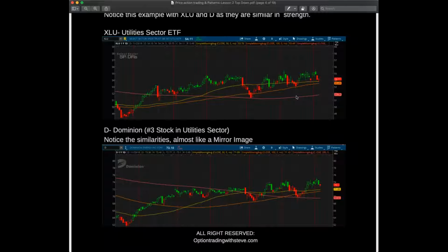Why is that? Because a stronger stock is going to do better than its overall sector in a bull market, and a weaker stock is going to do worse and sell off more than its sector in a bear market. Does that make sense?